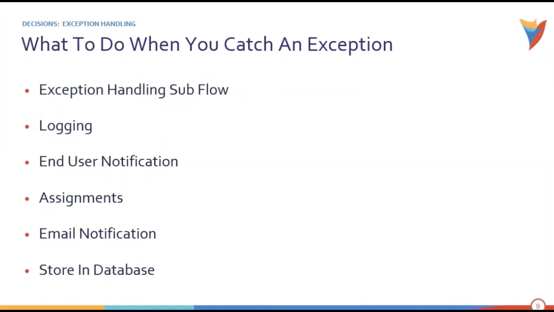Next, we have logging. At a minimum, exception handling should always have a log step. Make sure to record identifying information about the process, such as case IDs or the primary IDs, and all the data returned from the catch exception step into the logging so that it is easy to identify.